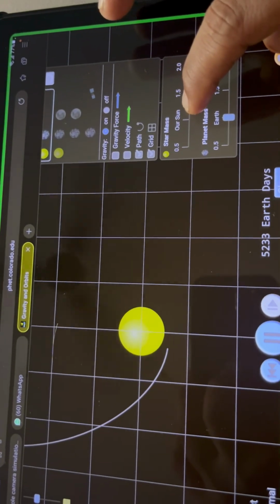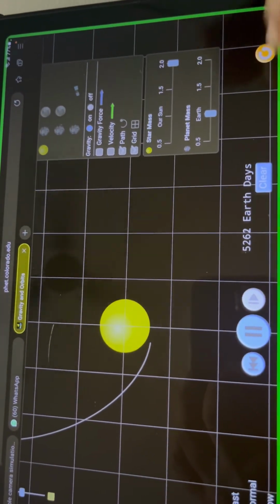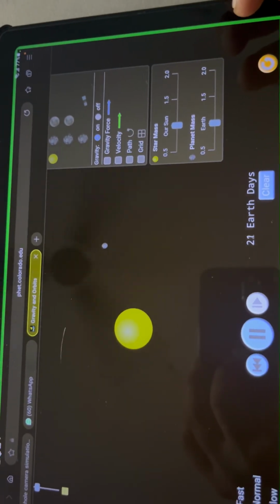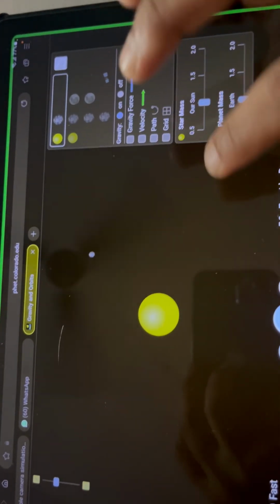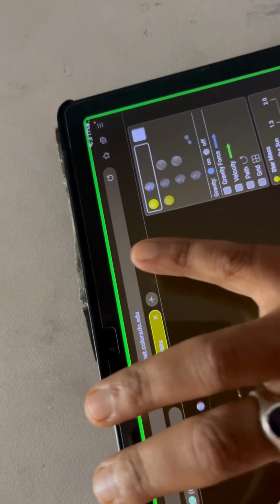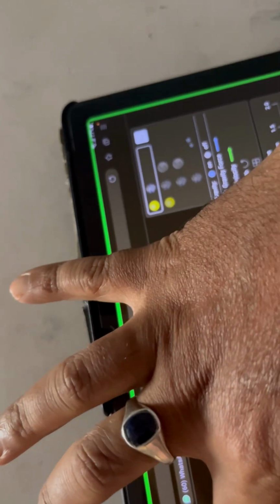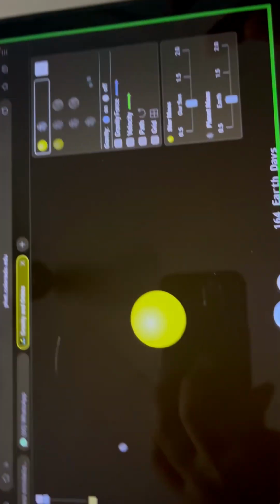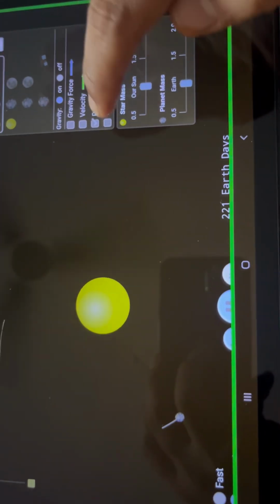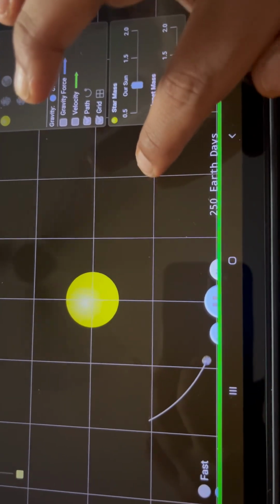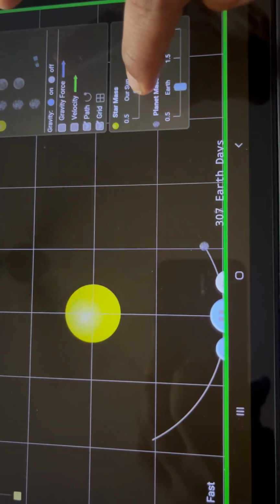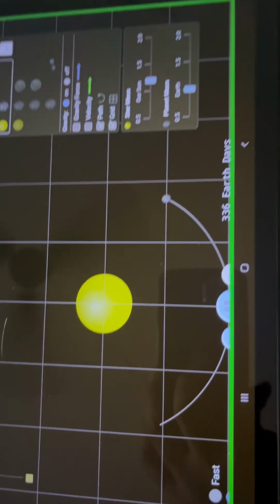Clear? Now again I will start the same. The earth will start, and the moon will start rotating. For example, it is rotating. I am showing the path and the grid, right? If I am increasing the gravitation, see, very near.